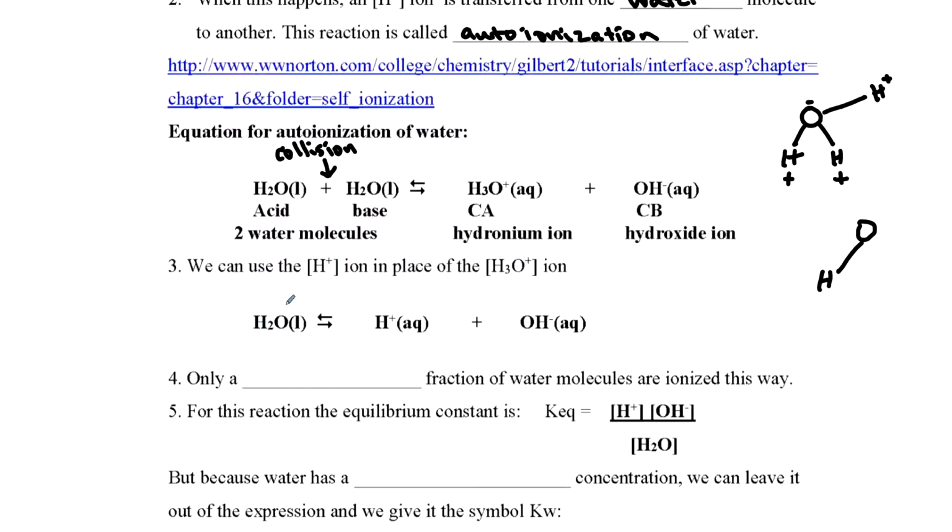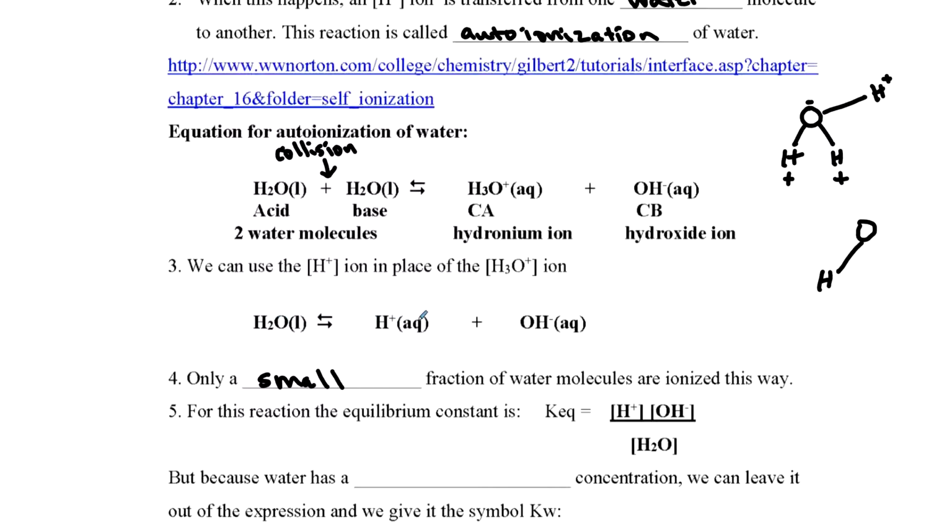So this is sort of like a simplified look at it: water is ionizing into H plus ions and OH negative ions, right? It's dissociating, breaking apart. Okay, well, only a small fraction of water molecules are ionized in this way. So for this reaction, because we've got a reversible reaction here, this process is happening in both directions and will reach an equilibrium, right?